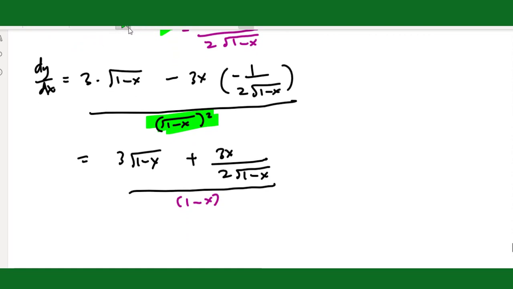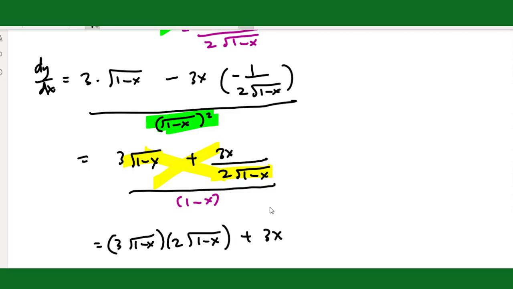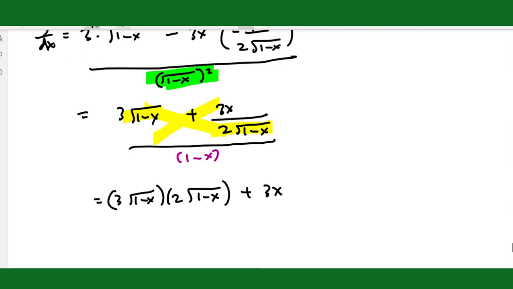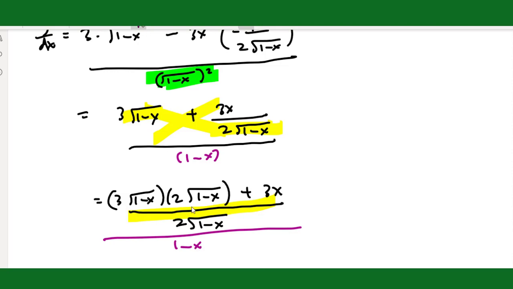Then I try equating the denominator here. Okay, equating the denominator, and then the answer is 3 times square root of 1 minus x, 2 times 1 minus x plus 3x, over 2 square root of 1 minus x, over 1 minus x.